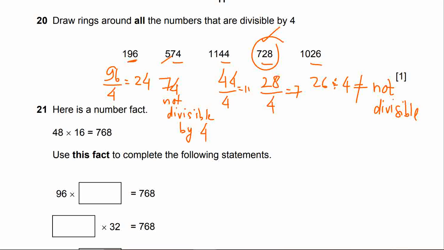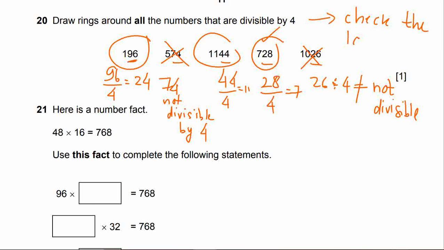So this one is not, this one is not. The rest will be divisible by 4. So let's just check the last 2 digits.